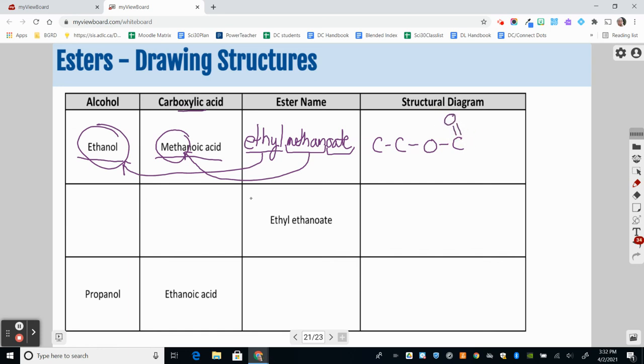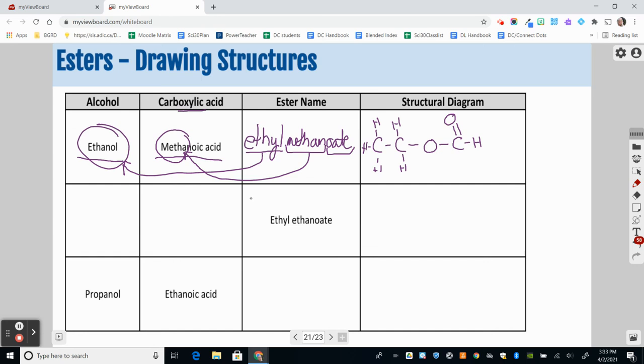There's only 1 carbon because it's meth, and meth only has 1. So then we fill in the hydrogens. So this carbon already has 3 bonds, so there's only 1 hydrogen left. These carbons each need 2 more hydrogens. Actually, this one needs 3. And oxygen already has 2 bonds, and the oxygen there has 2 bonds. So you're done.